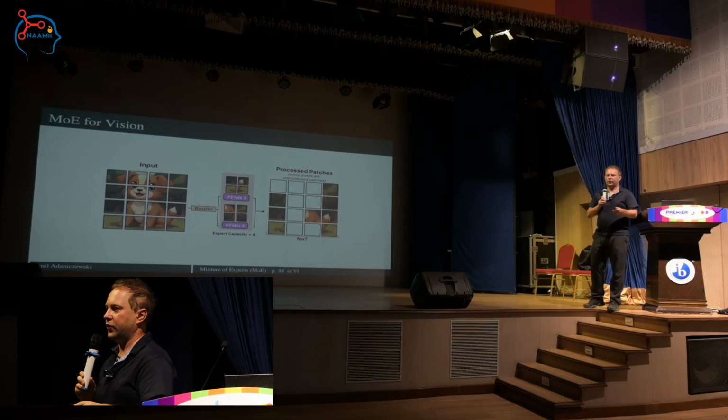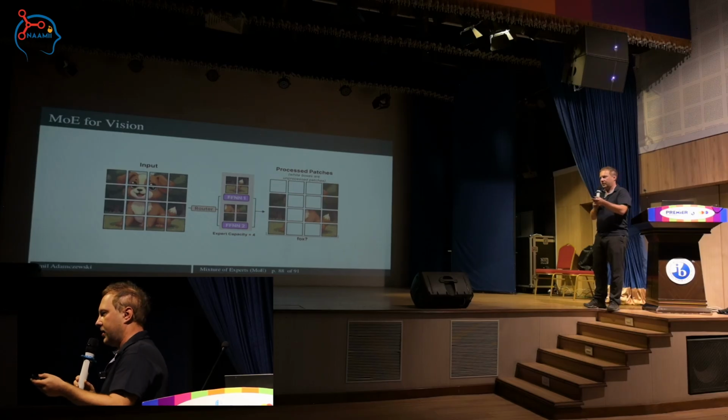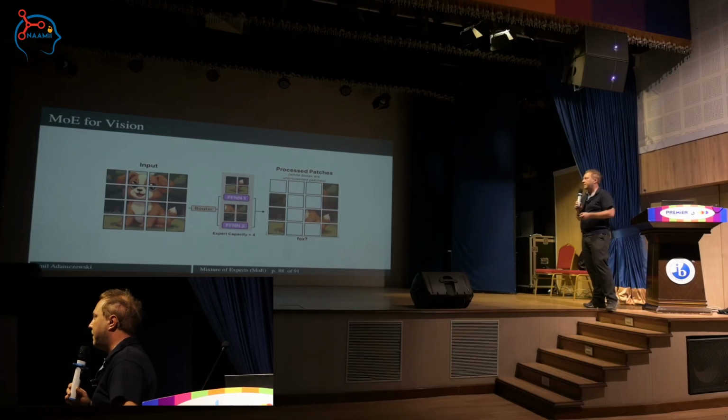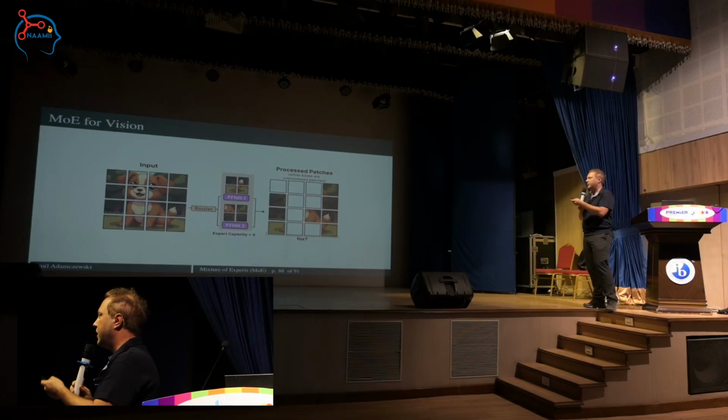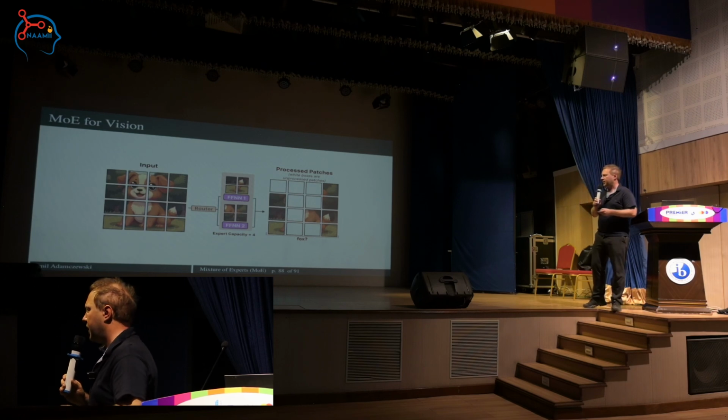We can do exactly the same thing for mixture of experts, only we don't feed tokens, we feed those patches, and it works exactly the same. There is a router, there are several FFN layers, and perhaps they also have some specializations.